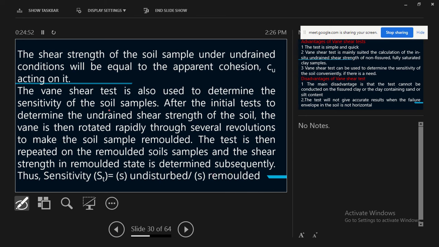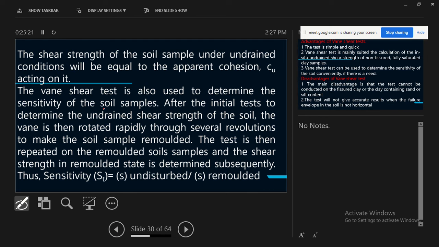So basically you are comparing the strength of two states. One, the strength that has not been disturbed. That means the first time you put the Vane Shear Test equipment inside the soil that has not been disturbed, you record what is called undisturbed strength.